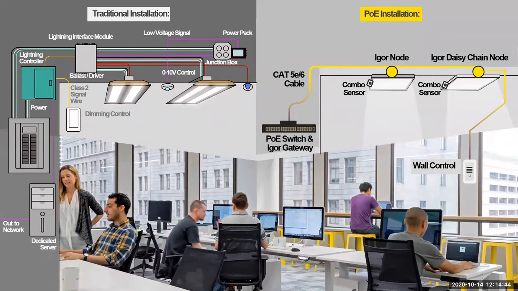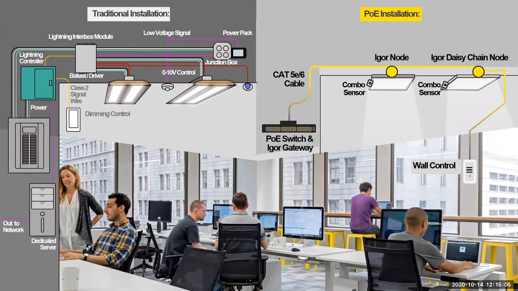On the right side, you've got that power and data integrated into that same cable. And then you also have that additional functionality built into the Igor nodes, so it's not just the LED drivers in the Igor node. You're picking up sensors, you're picking up wall controls, etc. You don't need any conduit.